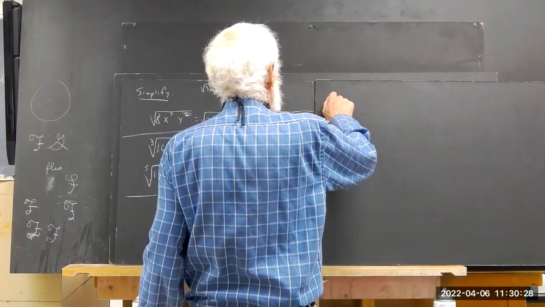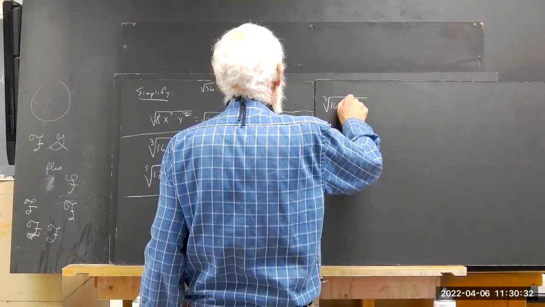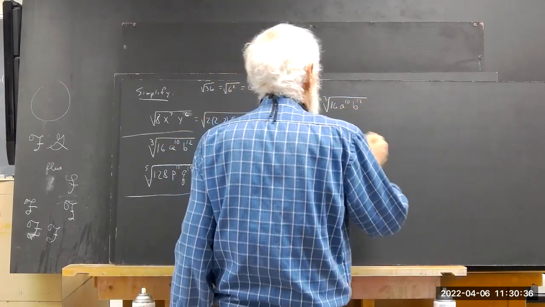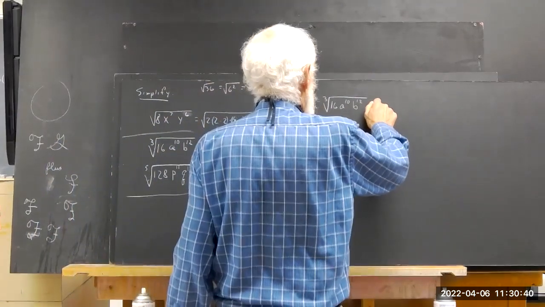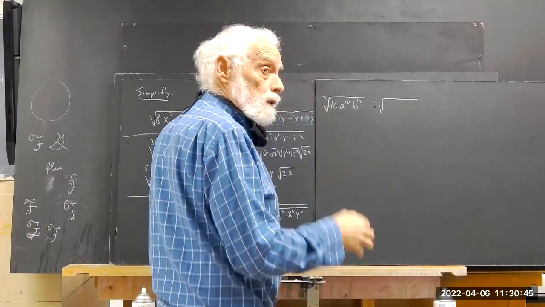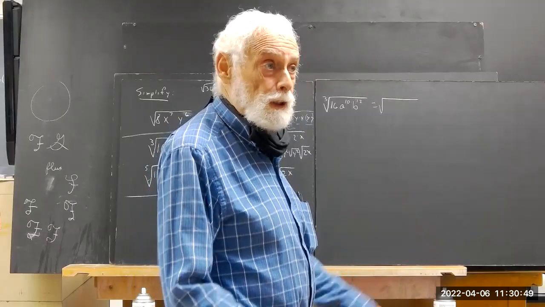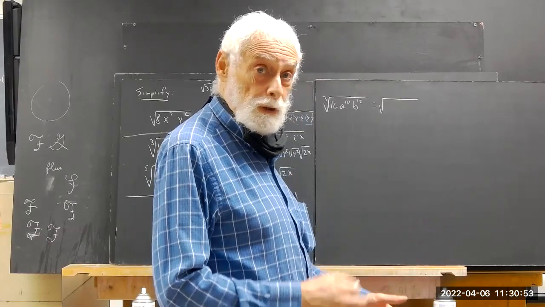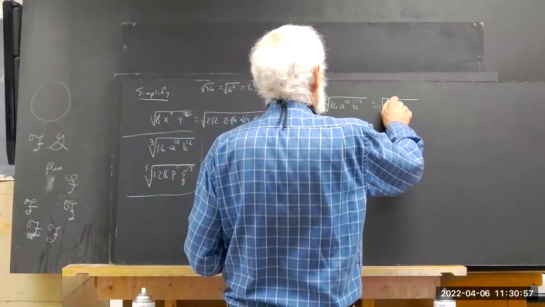We have the cube root of 16 a to the 10th b to the 12th. Now, first of all, we write this as 16 is 2 to the 4th power. Okay, divide 16 by 2, you get 8. Divide 8 by 2, you get 4. You divide 4 by 2, you get 2, and you have 2 left over. That gives you 4 2s. That's 2 to the 4th power.